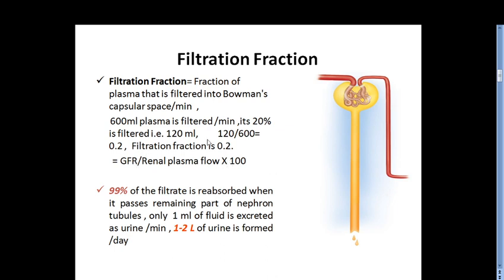So we can calculate this also by these two methods. If the GFR is known, then we can calculate the filtration fraction. If it is not known, then also we can take an average in a healthy human subject, and it comes around 0.2, or approximately 20%.